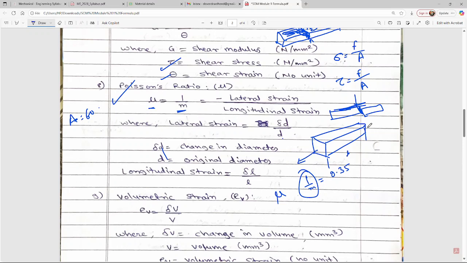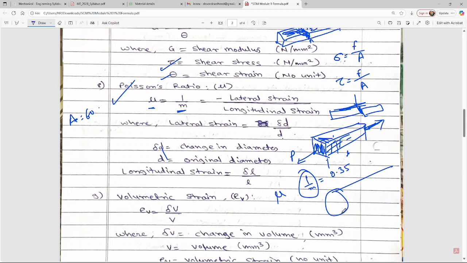In a certain condition, if we are applying a tensile load P on this area, then the length will be increased, but the other two, width and height, will be decreased.